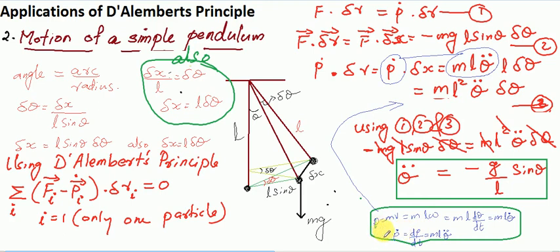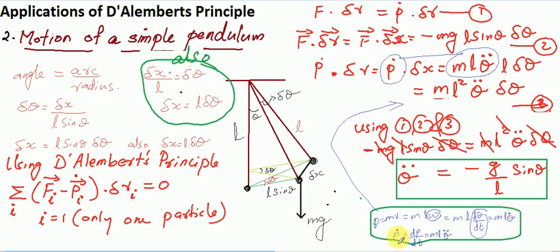We know that P is mv, momentum is mv. But what is velocity? In angular notation, it is L omega. If omega is the angular velocity, then we can write v equal to L omega. But what is omega? It is d theta by dt, rate of change of angular displacement. So we can write momentum P as m L theta dot, d theta by dt is theta dot, the dot notation for derivative.